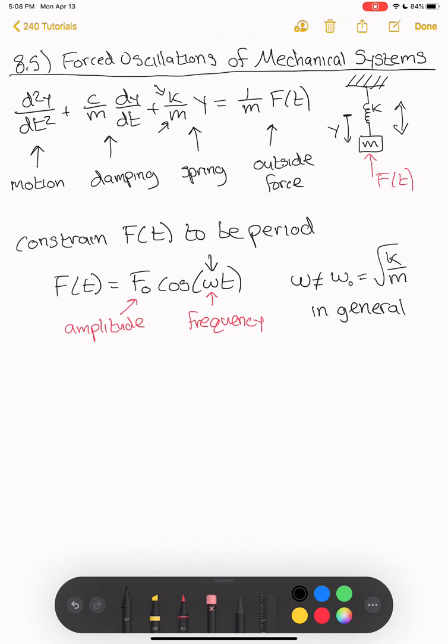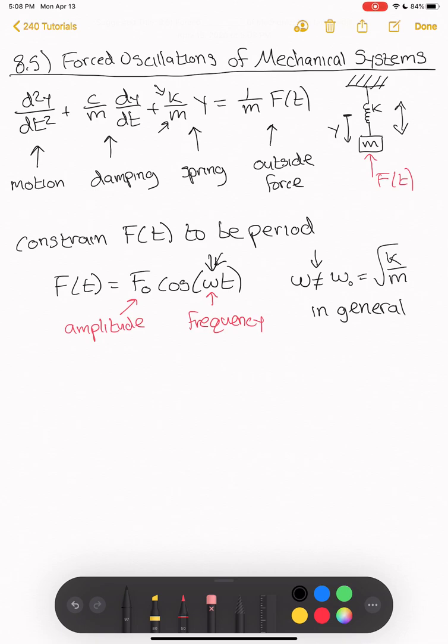And this omega here comes from the frequency of the applied force. So two completely different things here. And what happens, as we'll see, is a lot of our solutions actually depend on if this is true. They depend on whether the frequency of the force oscillation is exactly equal to the frequency of the completely isolated oscillation of our system. Okay, so let's just proceed how we did last time.